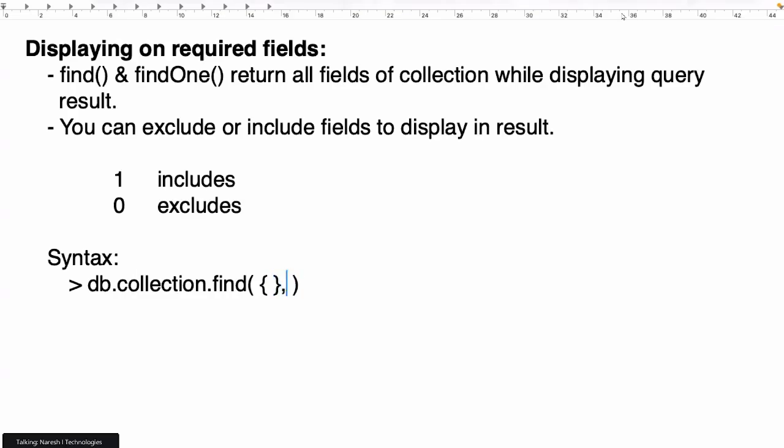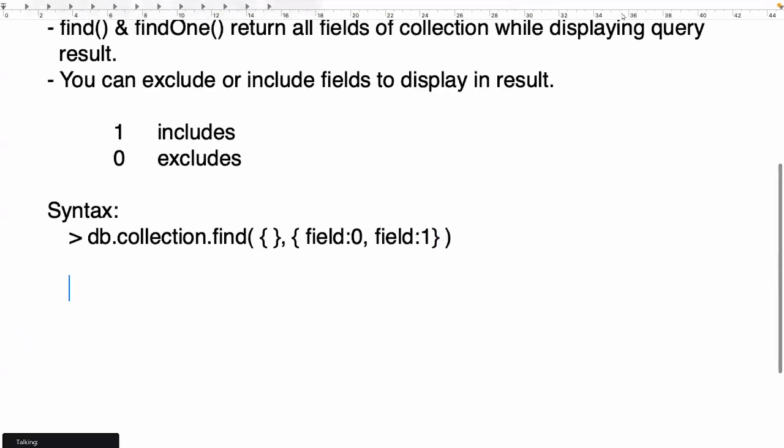This is the query, and here field 1, field 0, field 1. Like this we can give. Zero is excluded and one is included.